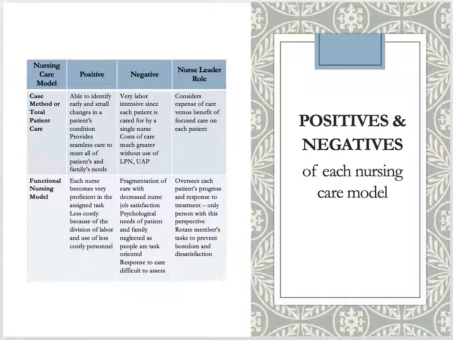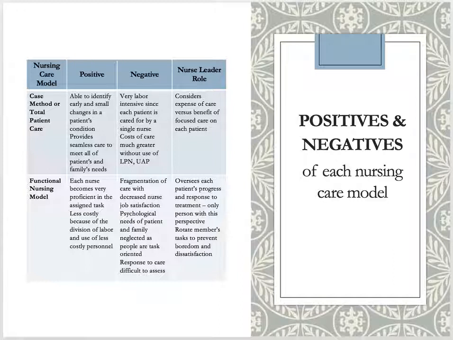These next 2 slides are little tables that talk about the positive and negatives of each nurse delivery model. I will leave this up for a bit so we can look at it. I'll let you read it, but basically it has also a summary of what the nurse leader's role is, and as I mentioned, the positives and negatives.